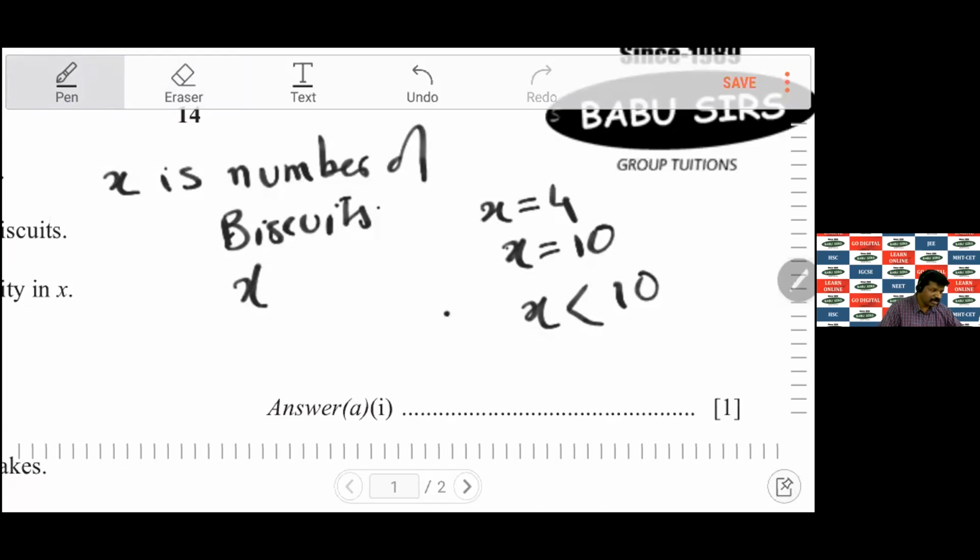At least means, you have to get at least 35% to pass in the exam. So you have to get more than 35, or you have to get equal to 35, to pass.